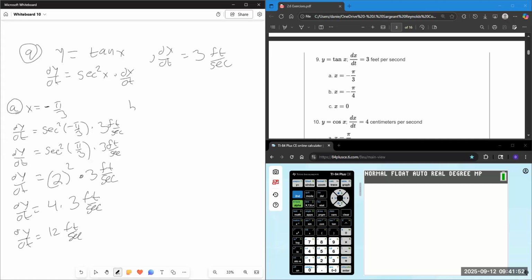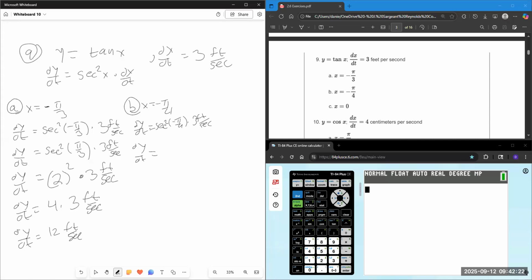Part B, x is equal to negative π/4. So dy/dt is secant squared of negative π/4 times 3 feet per second. Cosine of π/4 is √2/2, but that also can be written as 1/√2.